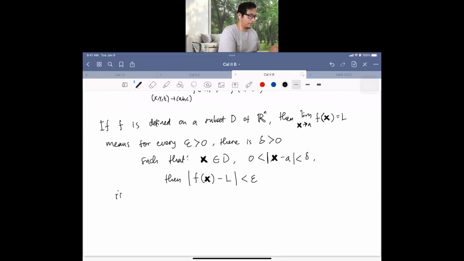So if n equals 1, then this bold x will be equal to x. And this a should also be bold. Sorry.